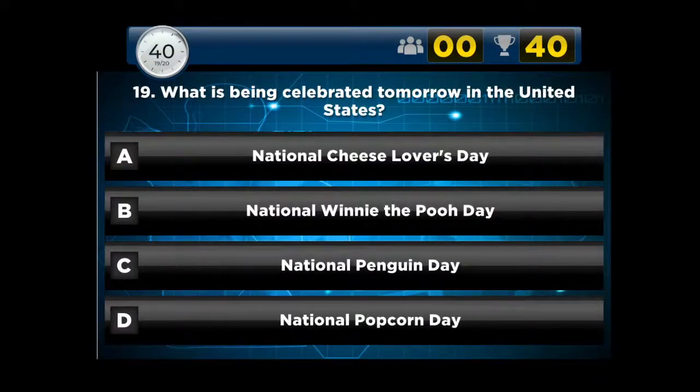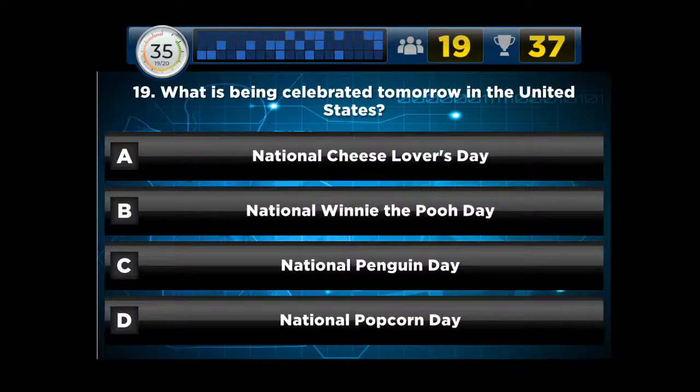What is being celebrated tomorrow in the United States? Is it National Cheese Lovers Day, National Winnie the Pooh Day, National Penguin Day or National Popcorn Day? So they're celebrating something tomorrow in the United States. It's either cheese, Winnie the Pooh, penguins or popcorn.